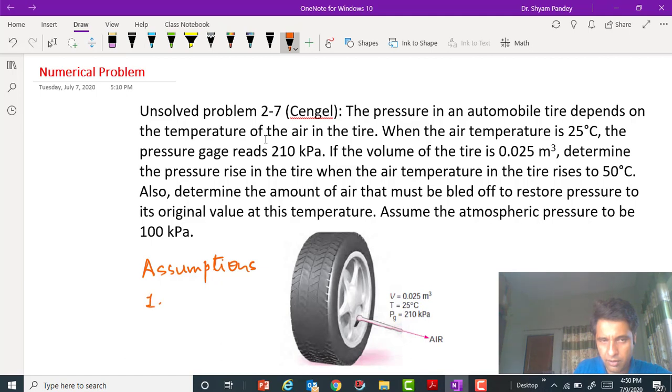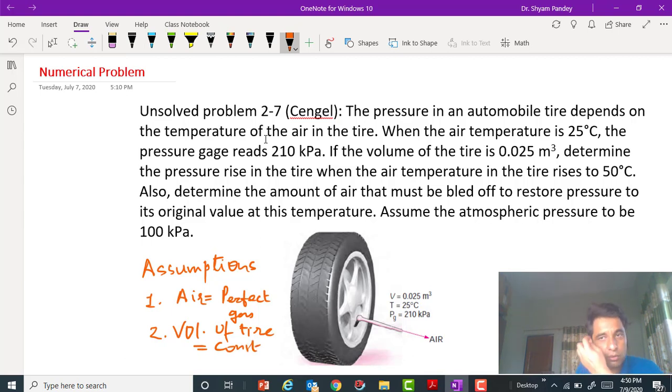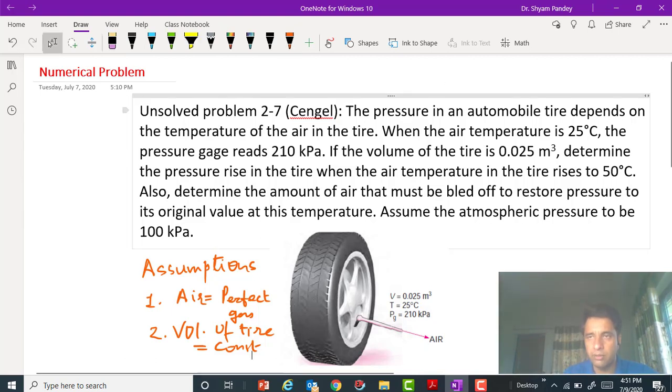First assumption is that the air which is filled in the tire, you can consider this as a perfect gas. And second assumption, as it has been mentioned, that the volume of the tire, which is given as 0.025 meter cube, will be constant throughout the process.